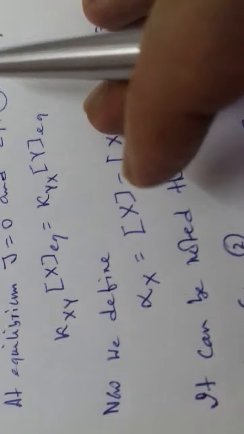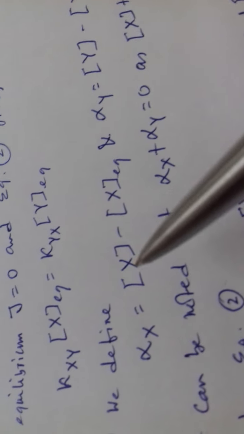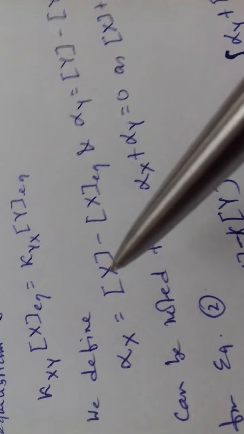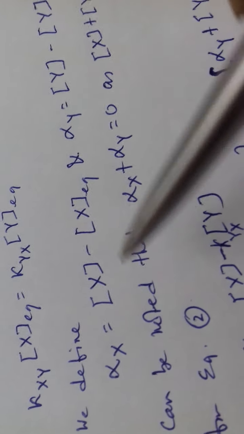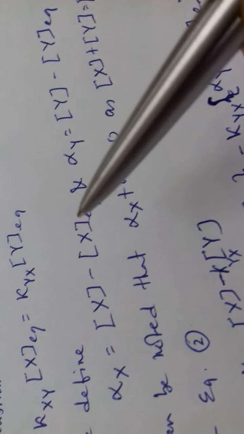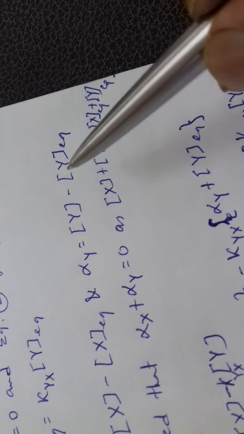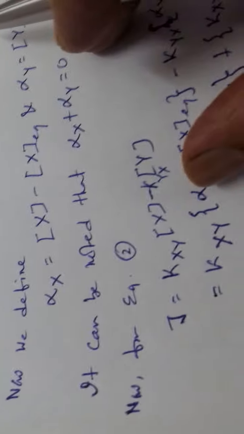So now we can define two quantities, alpha x, that is how much x has already reacted, that is the extent of reaction, you can say. Alpha x equals the concentration of x minus the concentration of x at equilibrium. Similarly, alpha y is defined as the concentration of y minus the concentration of y at equilibrium.